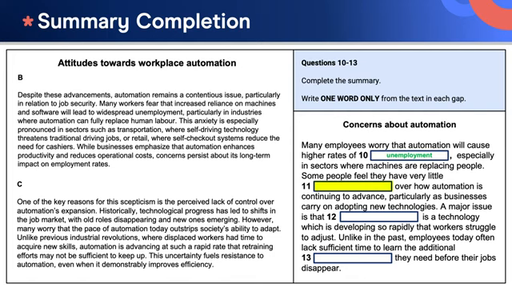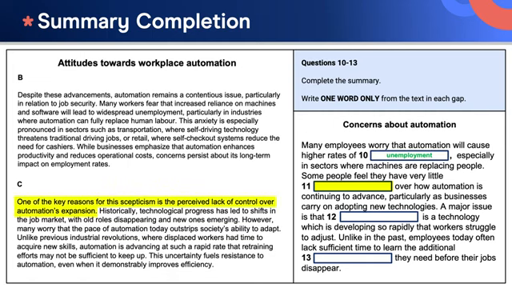So the next blank is in the sentence, "Some people feel they have very little blank over how automation is developing." So this sentence is about how people feel in relation to how automation is developing. And remember, this summary is titled Concerns about Automation. So from this information, we can work out that people are feeling they don't have enough of something in terms of this development.